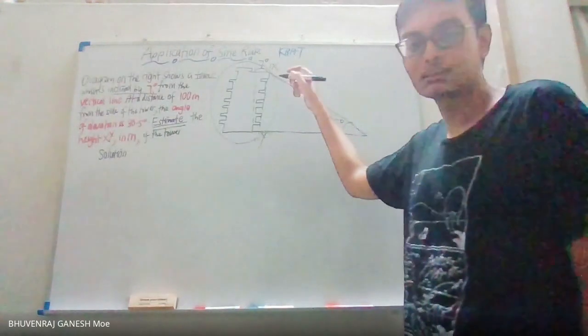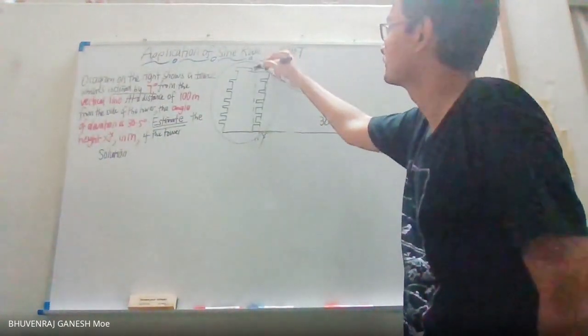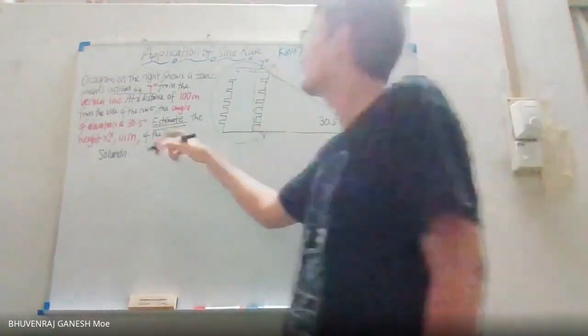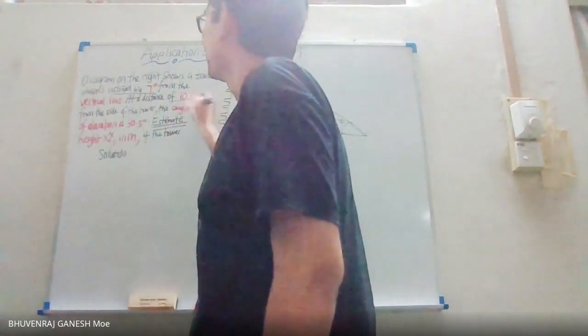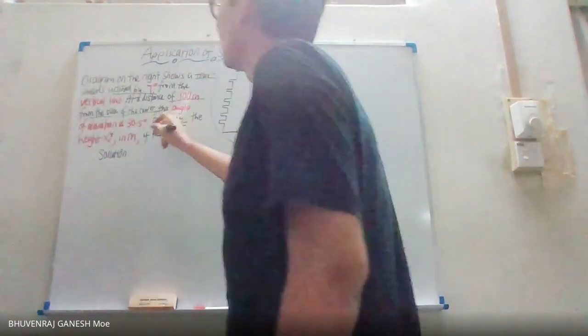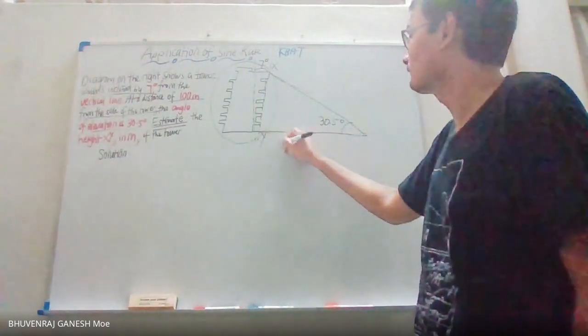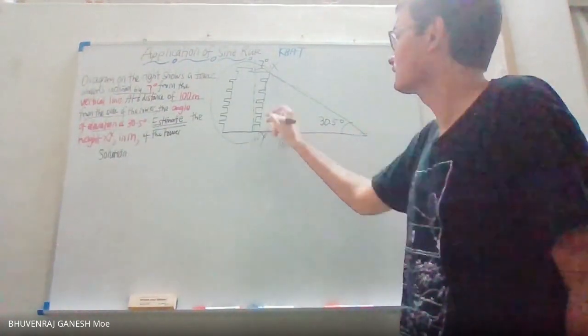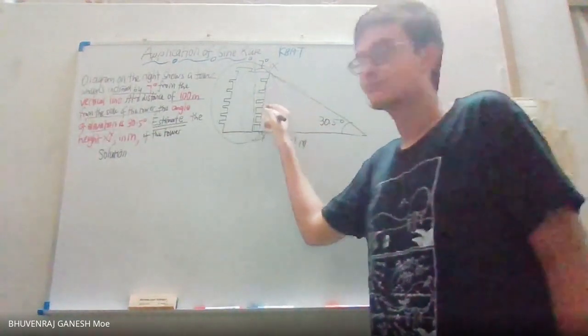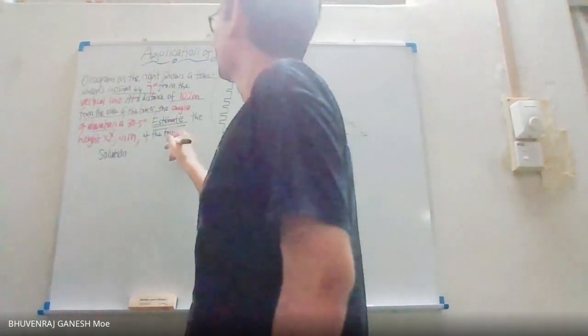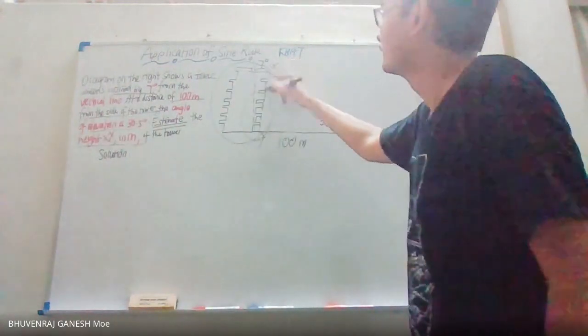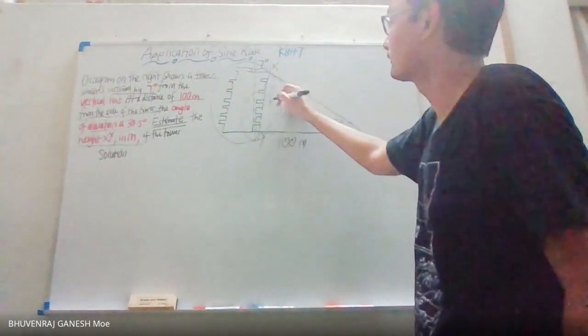So the vertical line is this one, straight down like this, and at a distance of 100 meters from the side of the tower, the angle of elevation is 30.5. So the 100 meters will come here because this is the side of the tower. And then they asked to estimate the height XY, which means this height over here. So this is what we are finding.